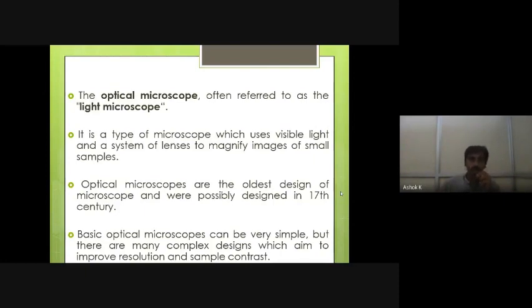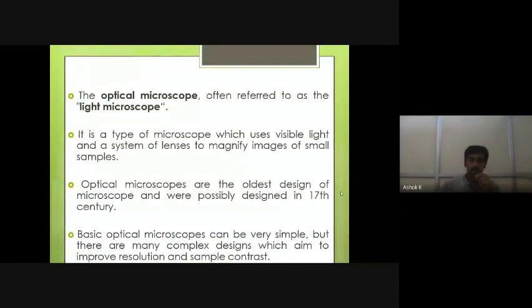It is a type of microscope which uses visible light and a system of lenses to magnify the images of small samples. Are you clear? The mode of operation is by using visible light, and it also has lenses to magnify the images of small components, molecules or atoms, anything.